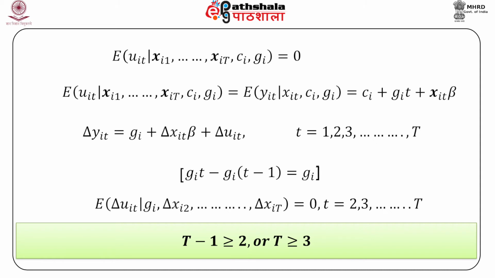In order to apply fixed effects and first differencing methods to equation 12, we must have T minus 1, T here is capital T, greater than or equal to 2, or capital T must be greater than or equal to 3. That means beta can be estimated consistently in the random trend model only if capital T is greater than or equal to 3.